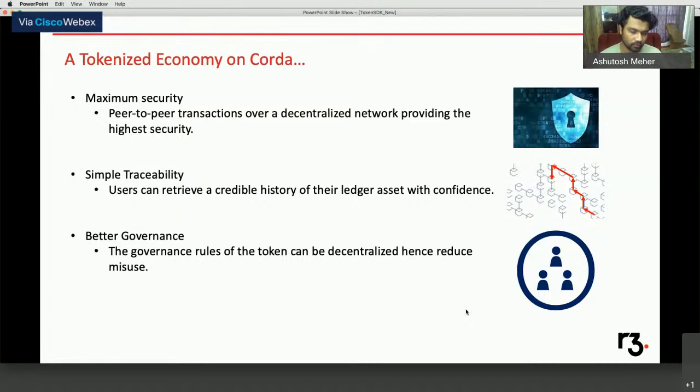For example, you want to make sure how many tokens could be issued, and you want to check on that. But in a central database, you could just go ahead and update one of your databases, and that number just increases.